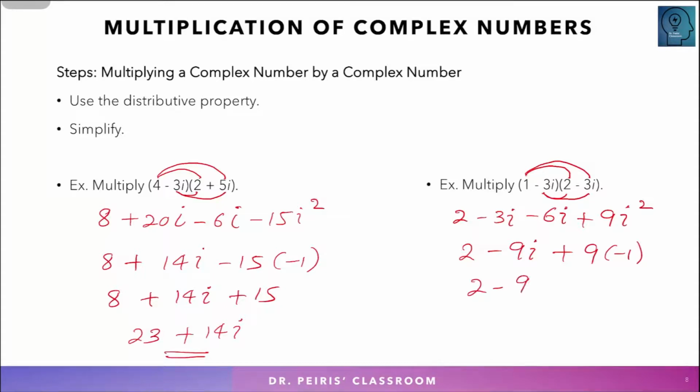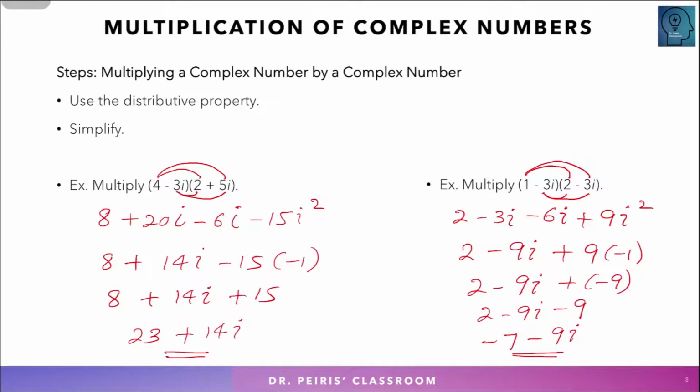So 2 minus 9i plus 9 times negative 1 is negative 9. So 2 minus 9i minus 9. So we combine now the real parts. 2 minus 9 is negative 7 minus 9i. So this is the final answer.